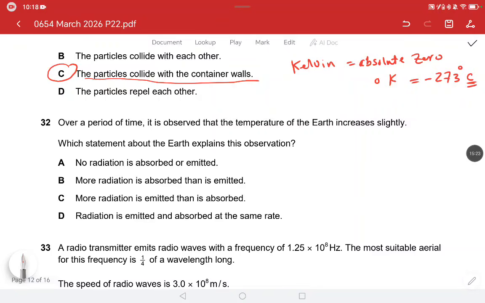So take care about 0 Kelvin, because you may have something like that. If you have any Kelvin degree, it means the Celsius degree you have plus 273.